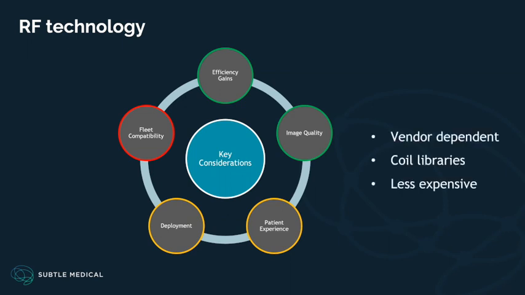However, RF technology is mostly vendor dependent. Each vendor has its own coil library, and its own performance requirements for each of those coils. However, they are much less expensive compared to upgrading a gradient or a magnet.